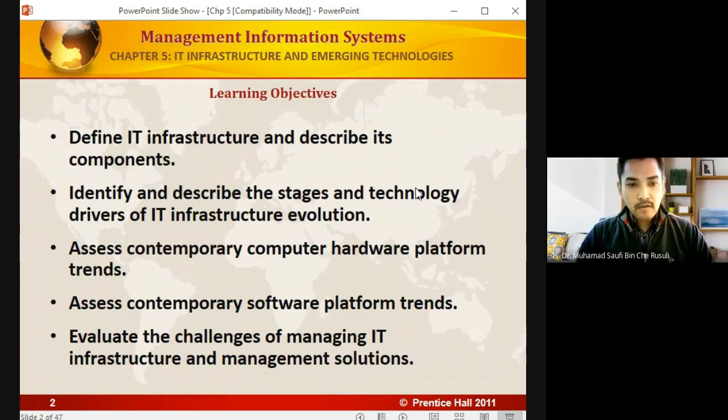Maybe we are not regularly going to another country for sightseeing or visiting. So today we want to discuss the challenges of managing IT infrastructure and managing towards the management solution.